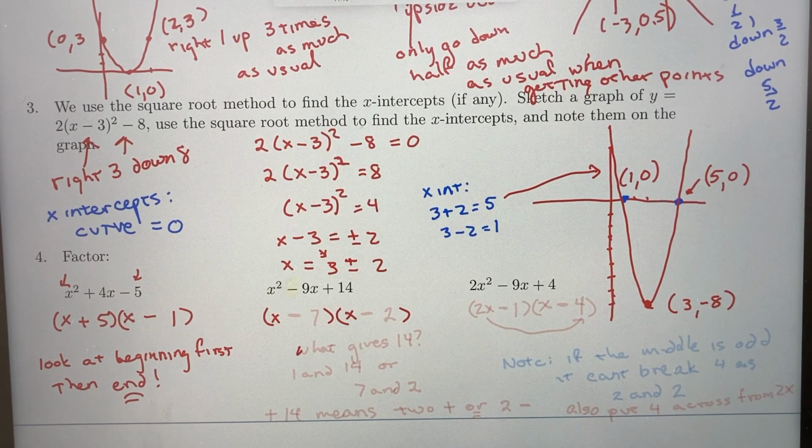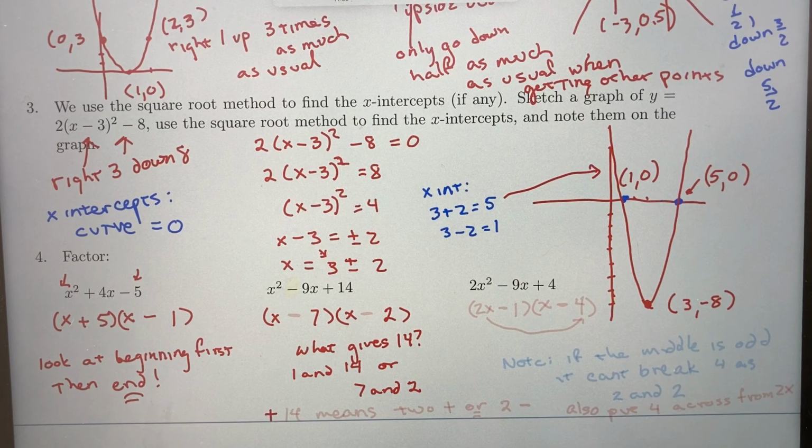What gives me 14? Oh, 7 and 2 would be likely because then I can get 9. 7, 2, to get positive 14, I either need both positives or both negatives.